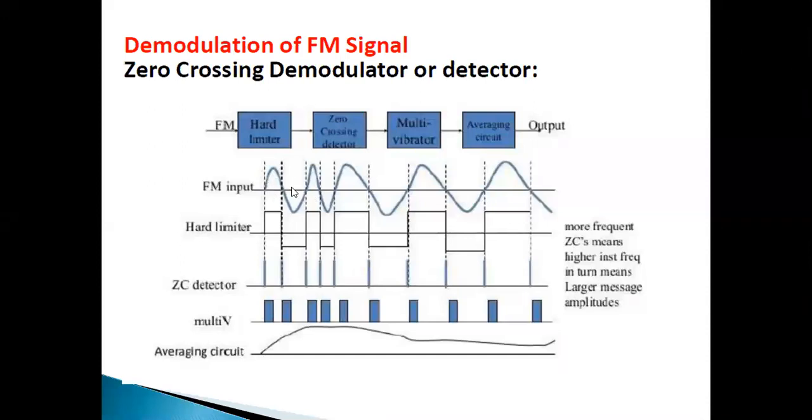This is one frequency, this is another frequency, different frequencies we have. That is the FM input. Then we consider a limiter: from this point to this point is one limiter, and from this point to this point is another limiter.